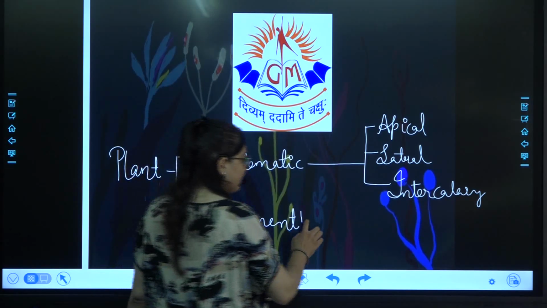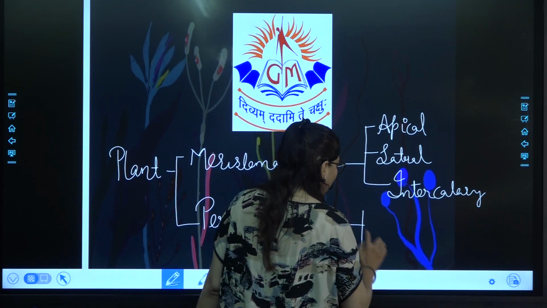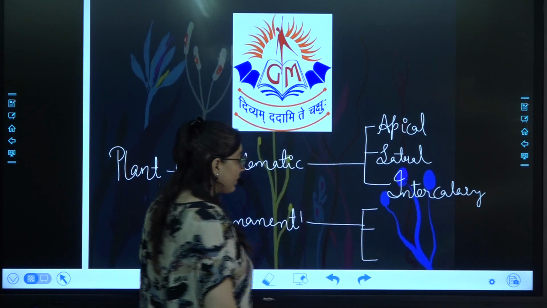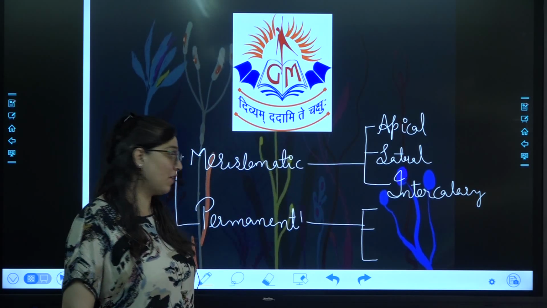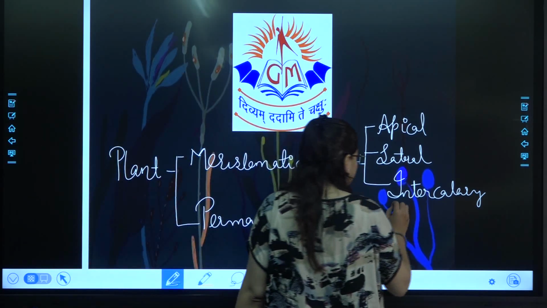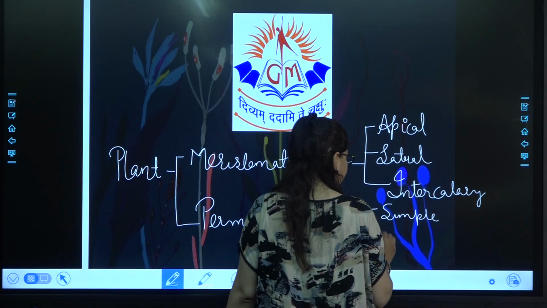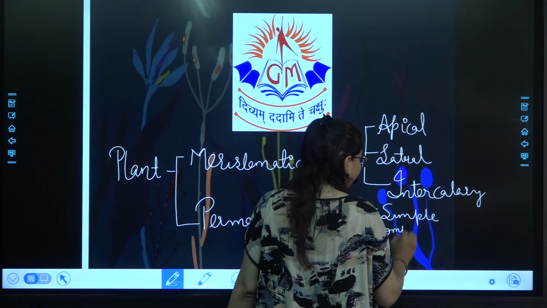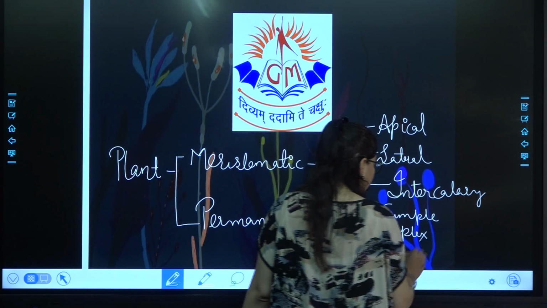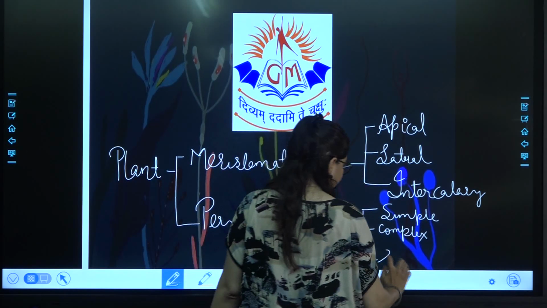Now, basic things about the permanent tissue are already discussed with you. Permanent tissue is again of three types: simple, complex and special.